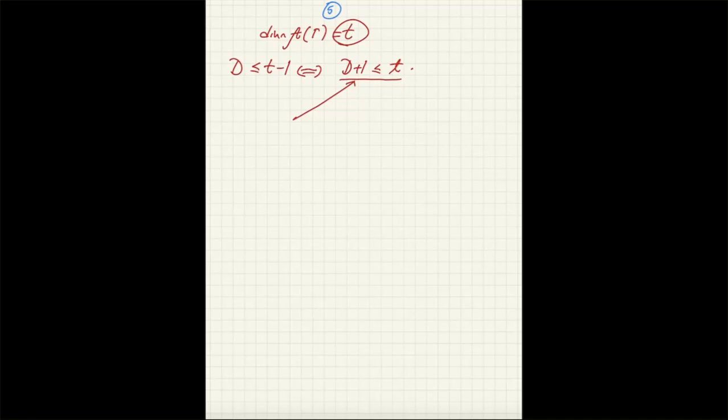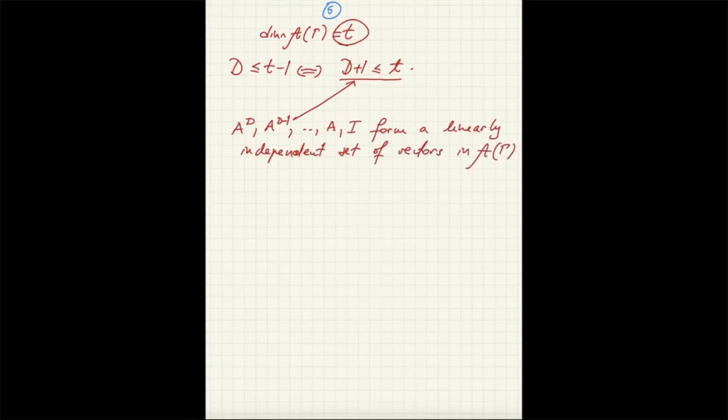And what are these matrices? What we are going to prove is that the set A^D, all the way down to A and identity, these matrices form a linearly independent set of vectors in A gamma. So this is the claim that I will prove.